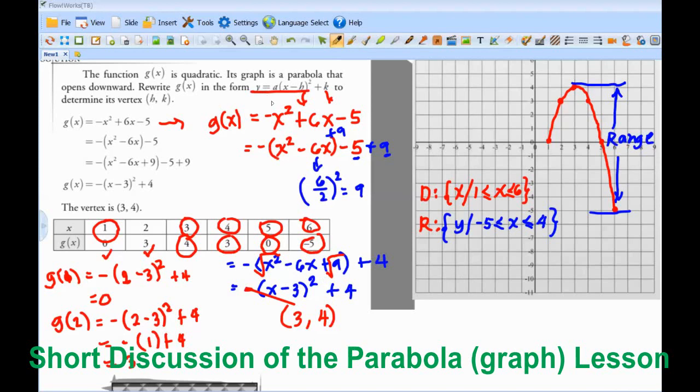Or you can use this formula to get the center. The center is at 4, 3. Anyway, without this formula, you can substitute values from 1 to 6 into the given equation. You will get these numbers, and then you can graph it like this. Okay, so that's what the parabola is all about.